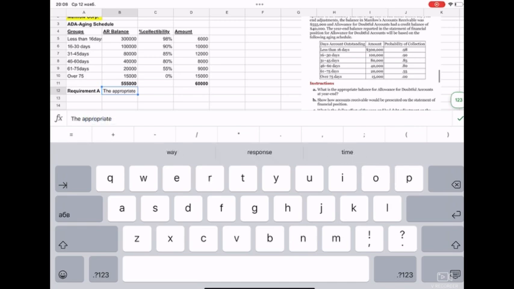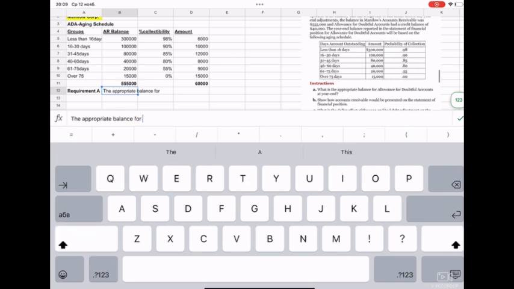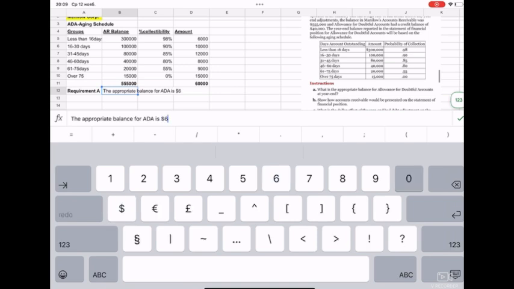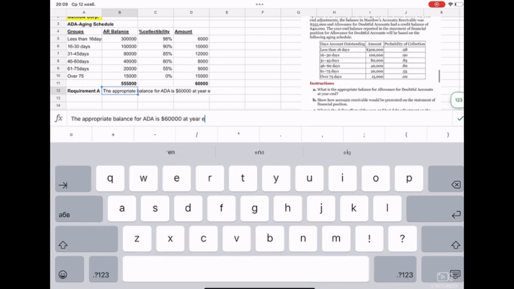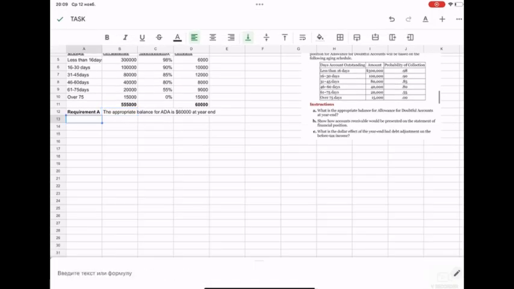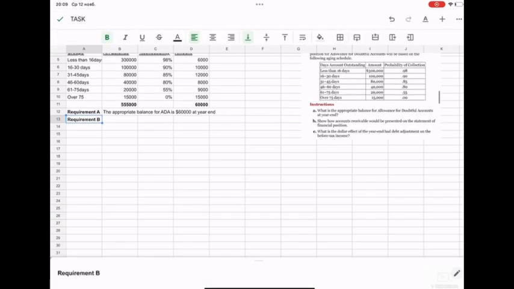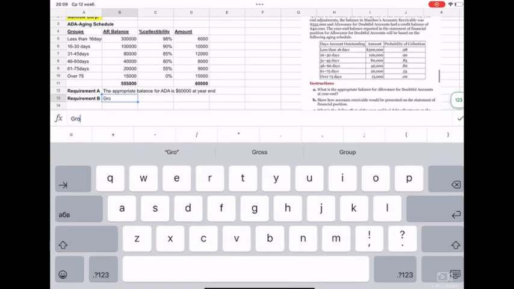For requirement B, I have to show how accounts receivable will be presented on the statement of financial position. I have to write down the gross account receivable, which is equal to this amount, and we have to calculate the allowance by deducting the 60,000.